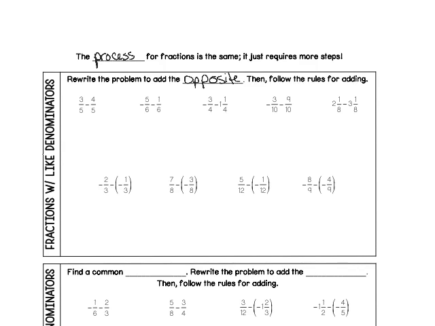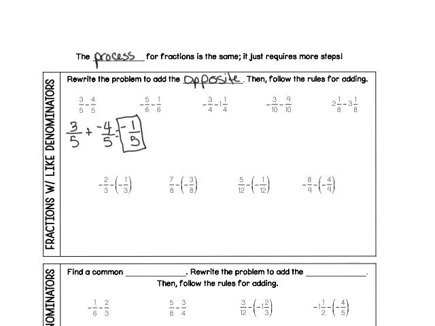We're going to change this to the additive inverse. We're going to subtract because they're different signs. So 4 minus 3 is 1. And keep the sign of the larger number. 4 is larger than 3, so we will have a negative 1/5. You can work the rest of those.